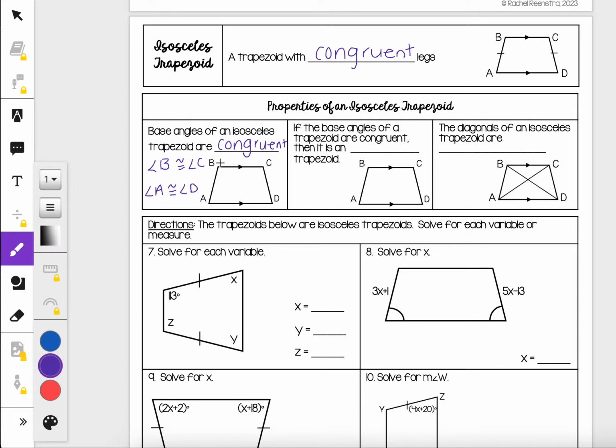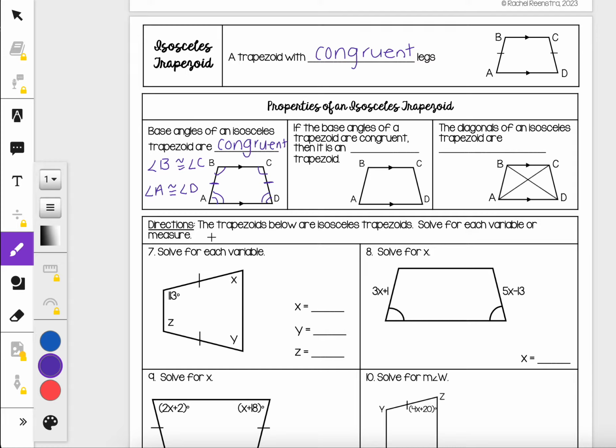So angle A plus angle B is still going to equal 180. But we just know that extra property of angles A and D being congruent and B and C being congruent. Okay, so again, if we know it's an isosceles trapezoid and AB and CD are congruent, then we know that angle B is congruent to angle C, and angle A is congruent to angle D.